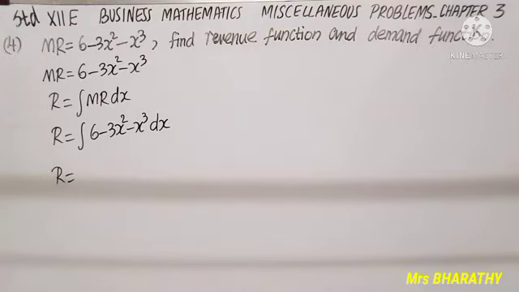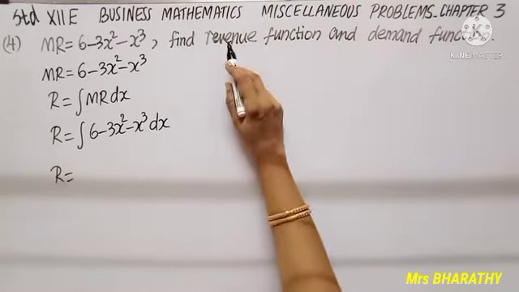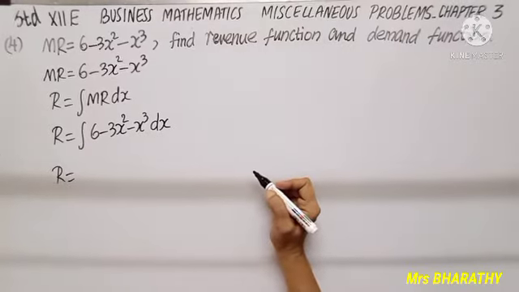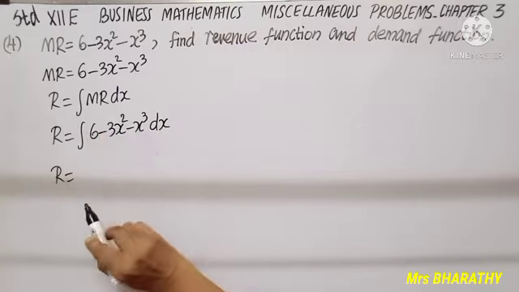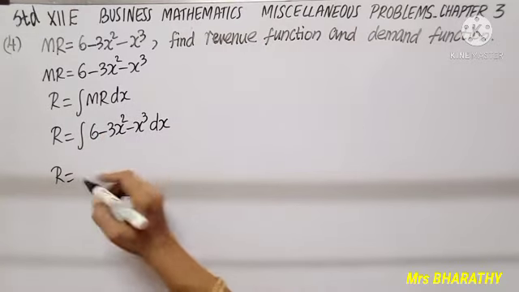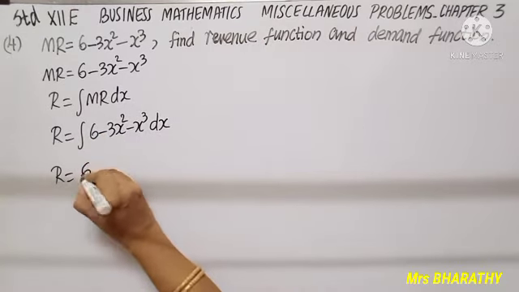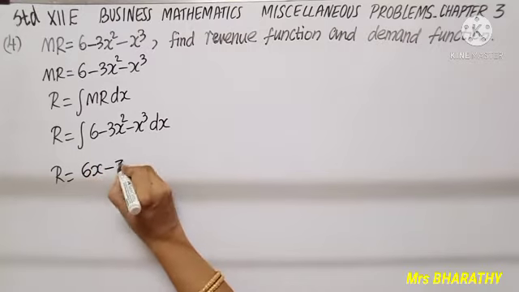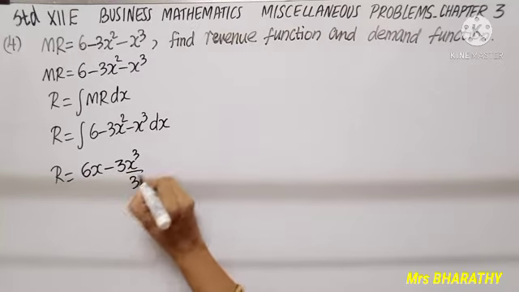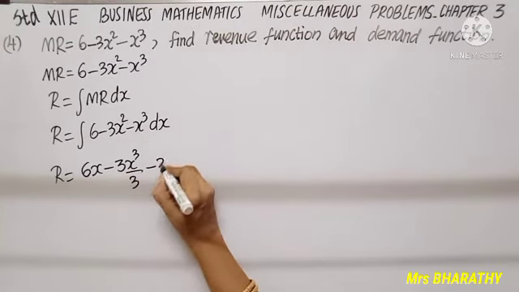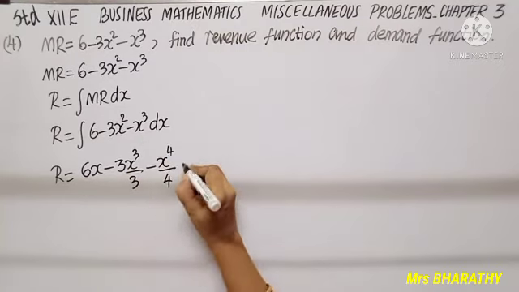Question number 4. Given marginal revenue, find the revenue function and demand function. We know revenue is integral MR dx. As we substitute, 6 constant will become 6x. Minus 3 x square becomes x cube by 3. Minus x power 3 becomes x power 4 by 4.